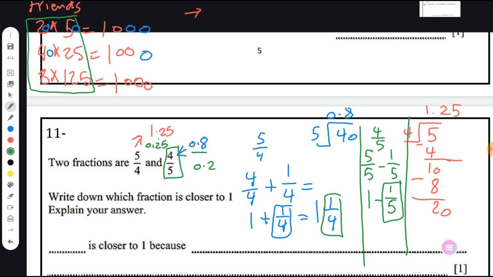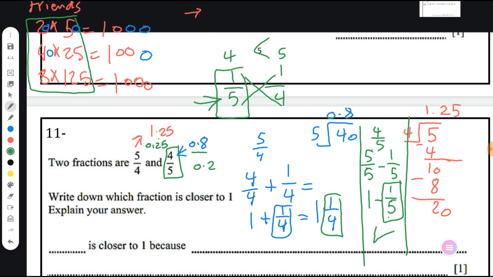Let's compare them together. 1 over 5, 1 over 4, cross multiplication. Here is 4 and here is 5. This one is smaller, so this number is the smaller. So it's 4 over 5, which is the same answer.